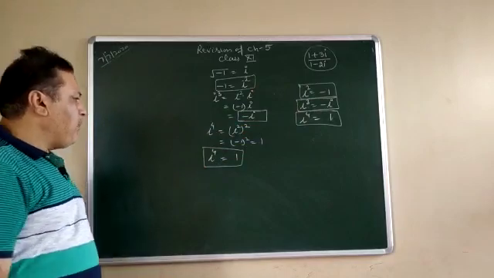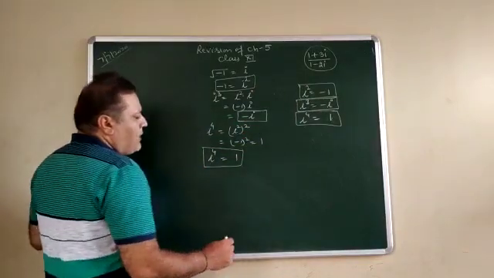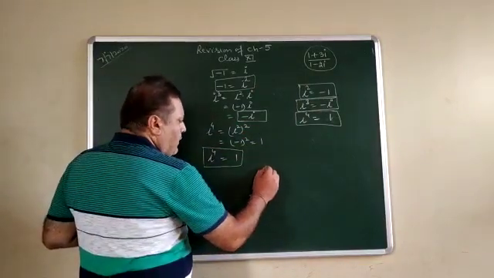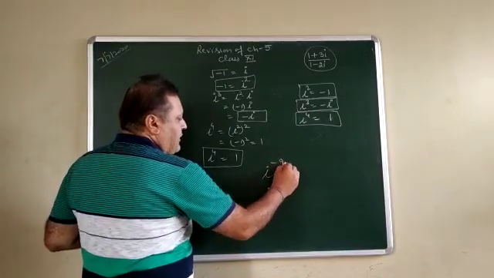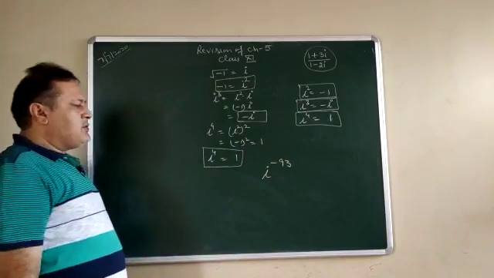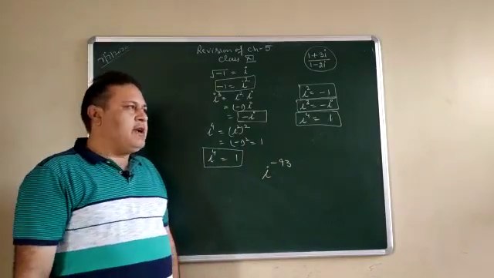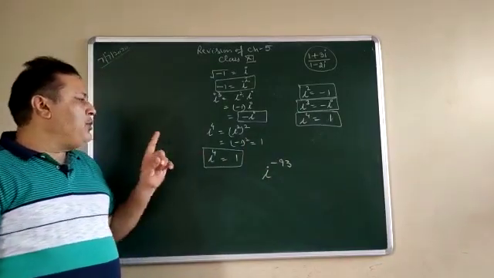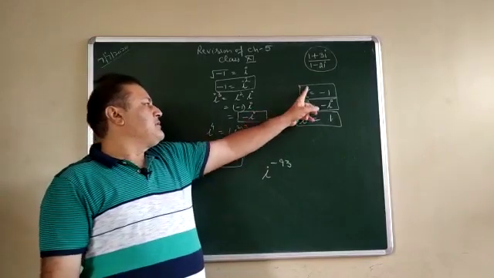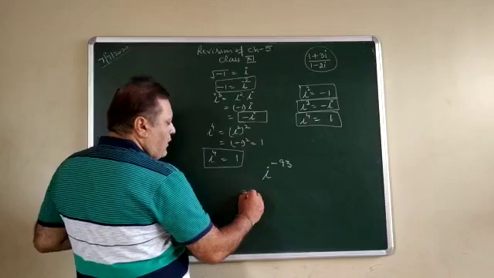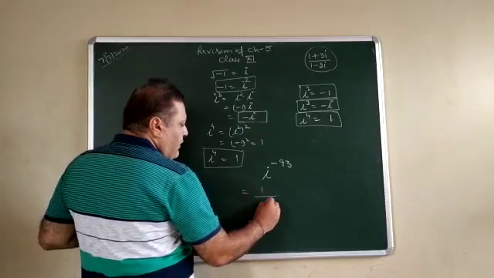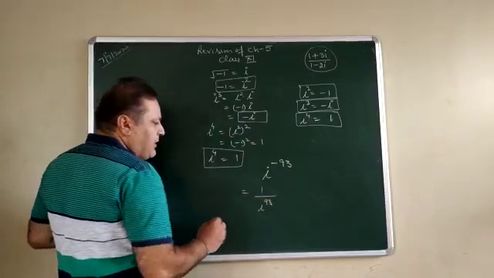See one example. It says find the value of iota to power minus 93. Solve for iota to power minus 93. Remember, we know the value of iota with positive power, but this is a negative power. So first of all convert it into positive: 1 upon iota to power 93.